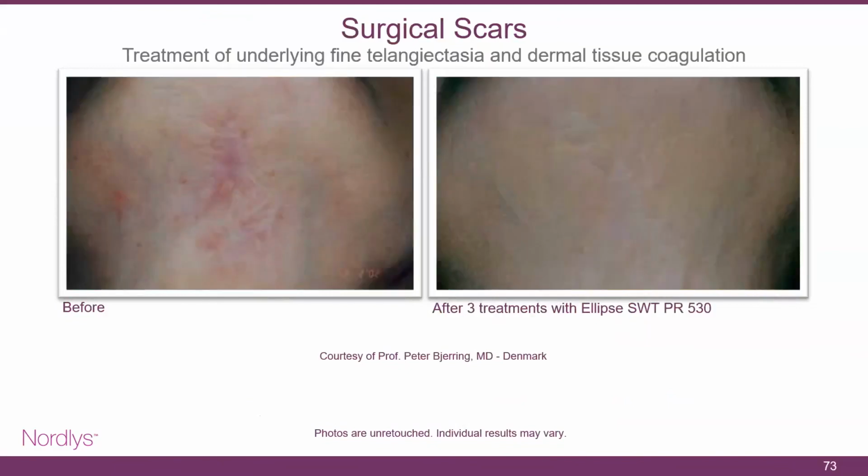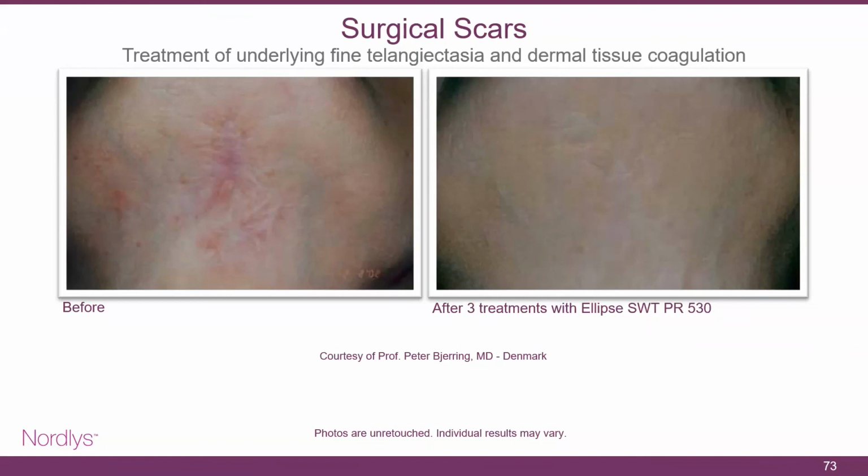We can also treat scars with the 530 handpiece. What we're looking at here predominantly is removing those fine little telangiectasia, or the vascularity within the scar. We won't make a massive difference to the look or texture of the scar.